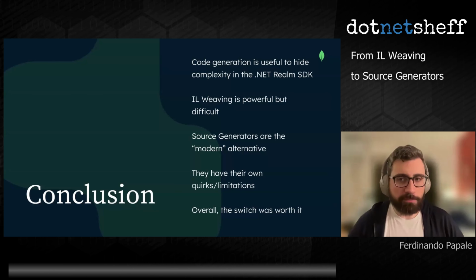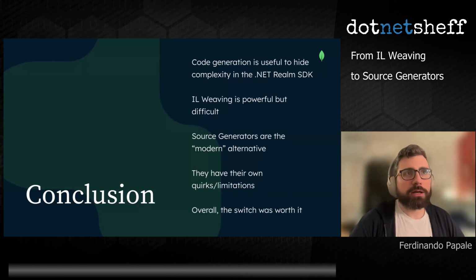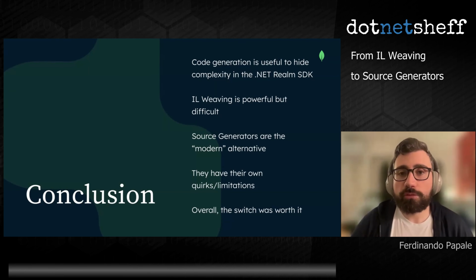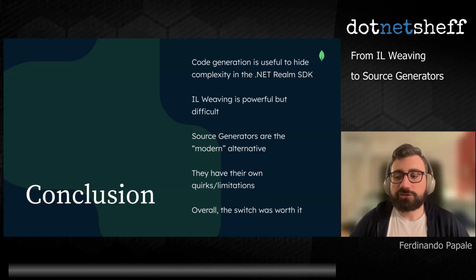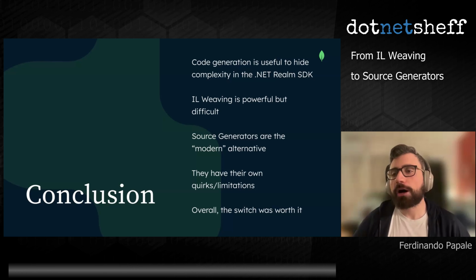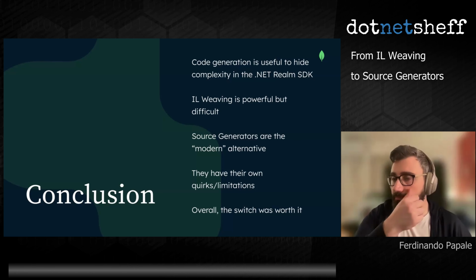So to sum everything up, we're using these code generation techniques essentially to hide the complexity of the Realm SDK behind the model definition, so that developers can work with C# objects without needing to worry about how Realm works internally.